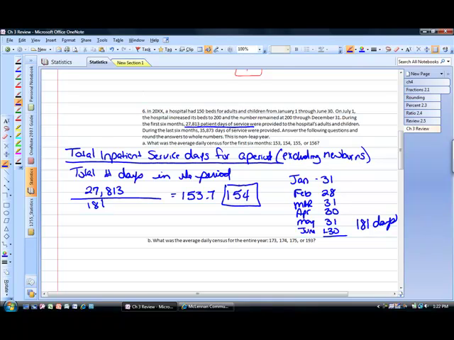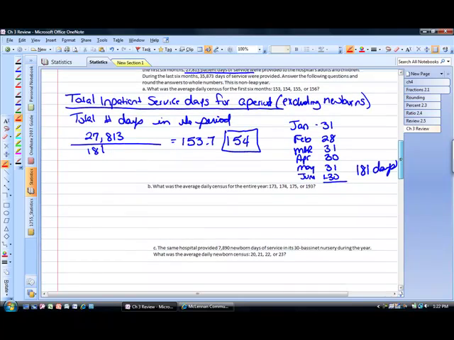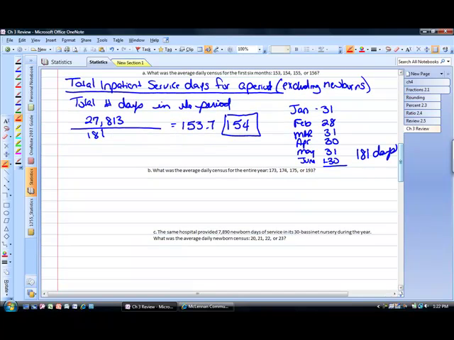The average daily census for the entire year, we're going to use the same formula, but since we're using the entire year, we know that our days will be 365.